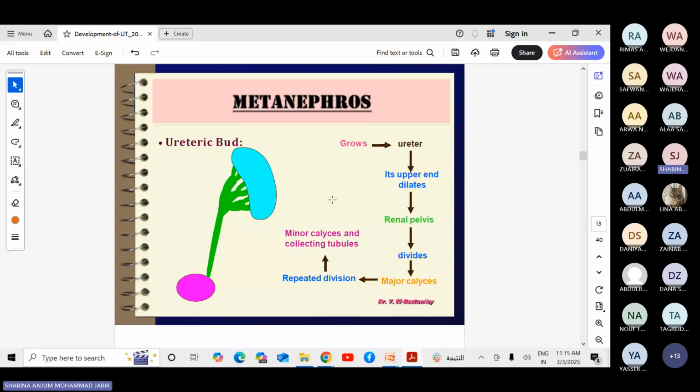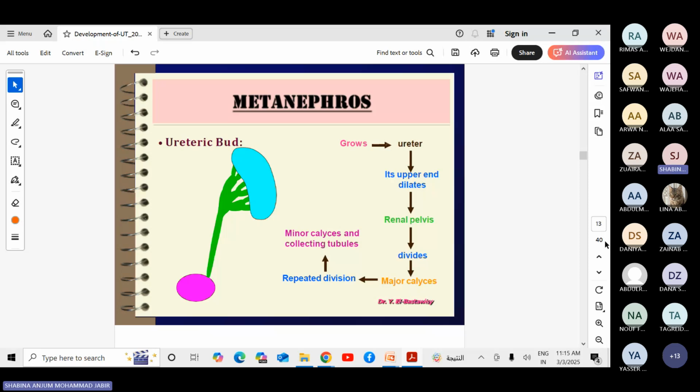This ureteric bud will grow and form the ureter, and its upper end will dilate to form the renal pelvis. Again it will divide and form the major calyx. Again it will divide and form the minor calyx.